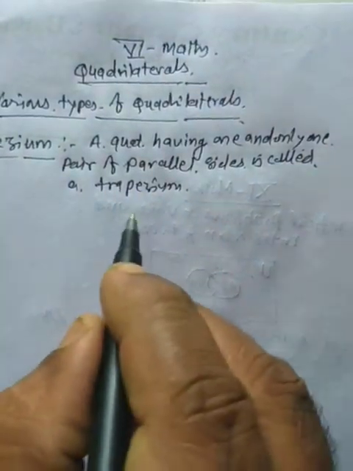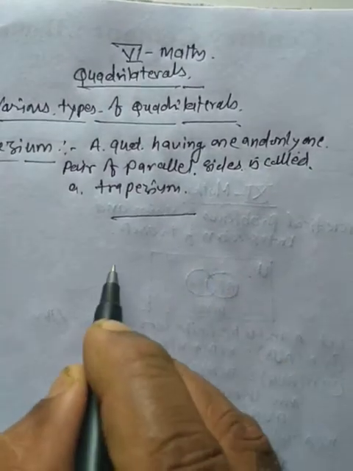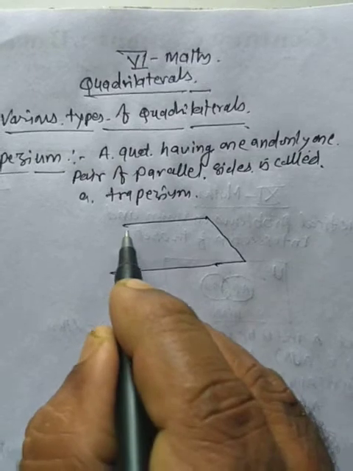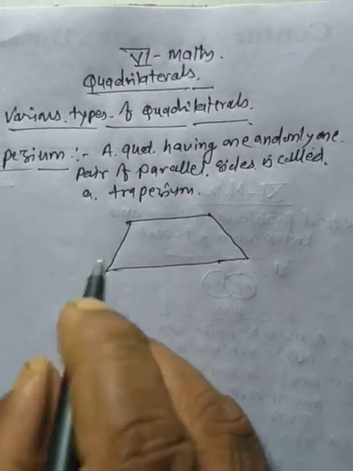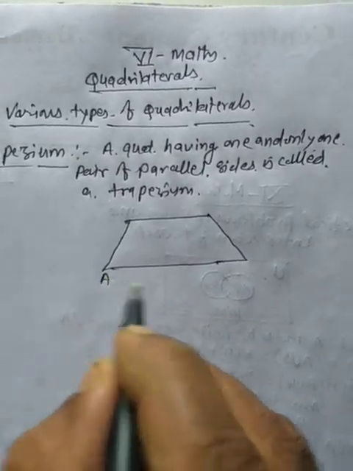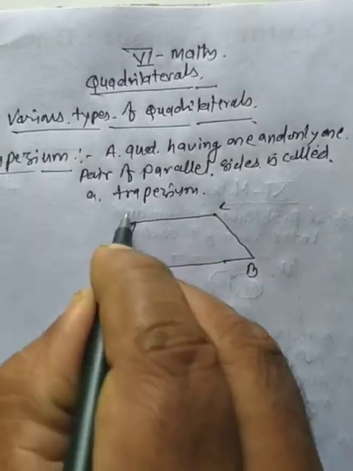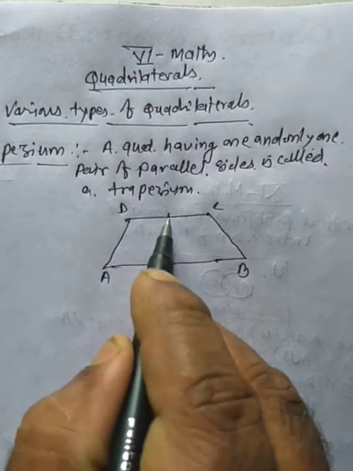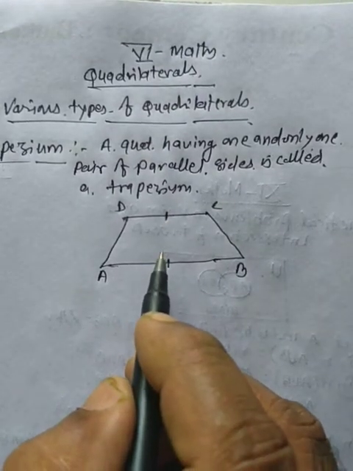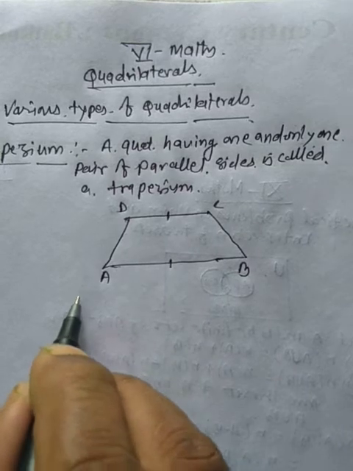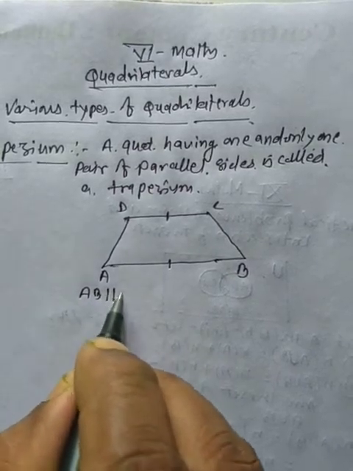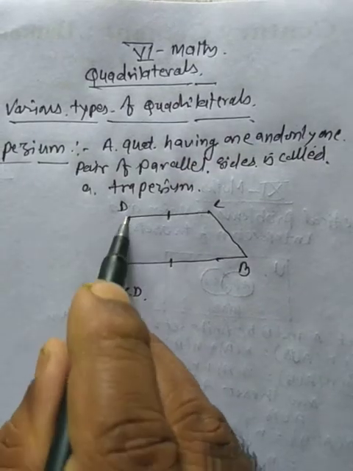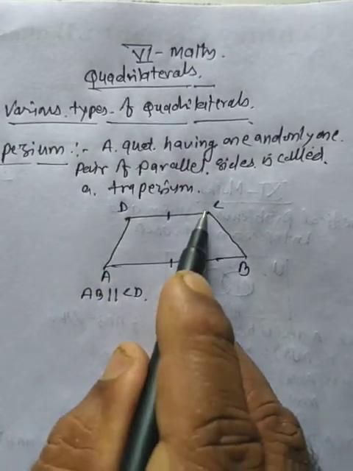Now, in a quadrilateral ABCD, one pair AB and CD are parallel, that is, AB is parallel to CD, and the non-parallel sides are AD and BC.